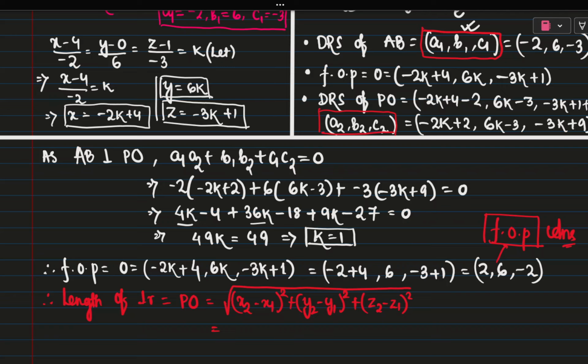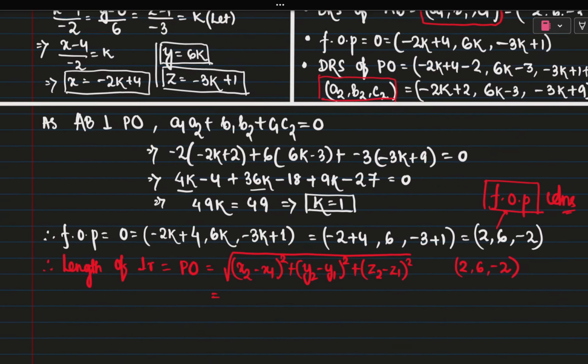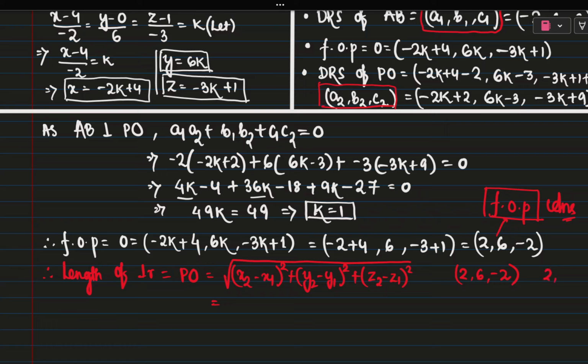So if I take one point as 2, 6, minus 2, and our given point is 2, 3, minus 8, now if I solve it through the distance formula, 2 minus 2 squared is 0, obviously. Then 6 minus 3 whole squared is 3 squared, plus minus 2 minus minus 8, that is plus 8... wait, minus 2 plus 8, whole square root.